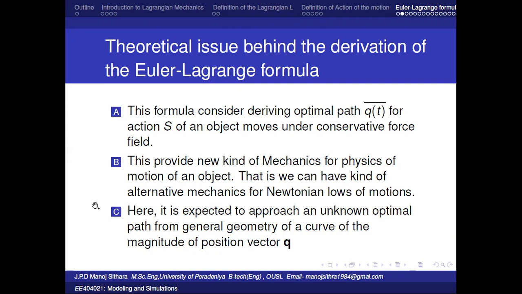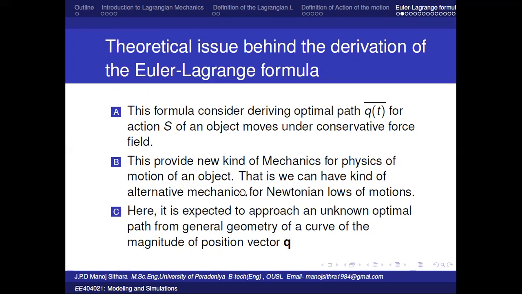That means we obtain the optimal path, the most possible path of the motion. This provides a new kind of mechanics for the physics of motion of an object, an alternative to Newtonian laws of motion.